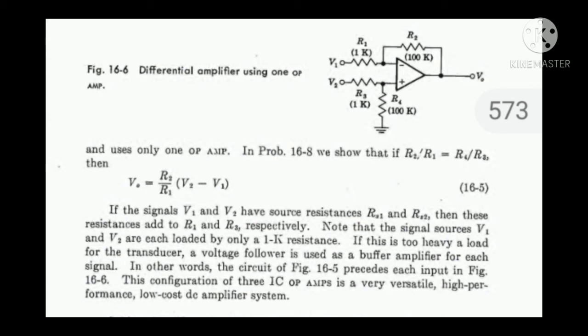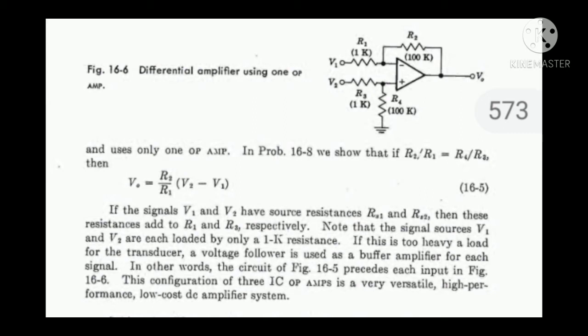Also, if the source resistances of the voltage sources V1 and V2 are RS1 and RS2, then these resistances add to R1 and R2 respectively. Also note that the signal sources V1 and V2 are each loaded by a 1 kilohm resistance.